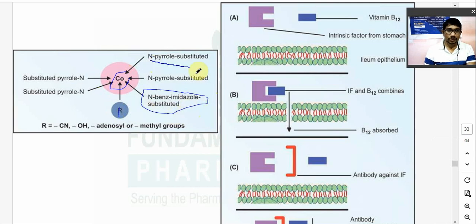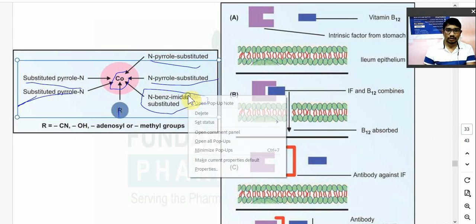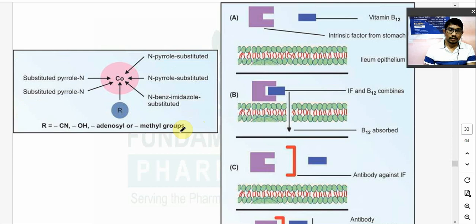Then N pyrrole substituted. So tetrapyrrole है ना, देखो यहाँ पे दो और ये दो. So it is a tetrapyrrole, simplified structure.